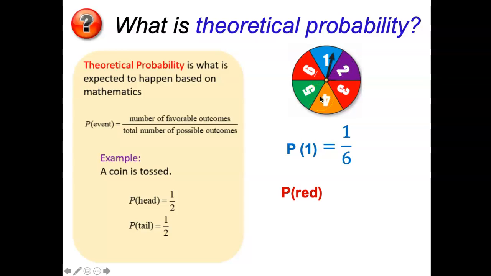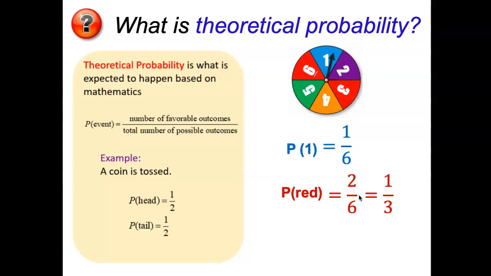Here's another one, the probability of the spinner landing in red. There are 2 reds here, so the favorable outcomes, or what we want to get, is 2 in the numerator, and then there are in total 6 possible outcomes. And we can still simplify this fraction into 1/3.